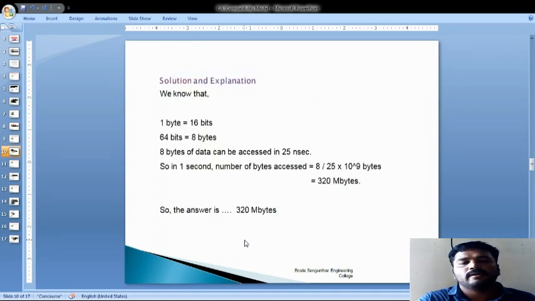We'll look into the answer. 1 byte we will consider as 8 bits, so 64 bits is equal to 8 bytes. So 8 bytes of data can be accessed in 25 nanoseconds. That is what they have given. So in 1 second, the number of bytes accessed is equal to 8 divided by 25 into 10 power minus 9, which is 320 megabytes. So the answer will be 320 megabytes.